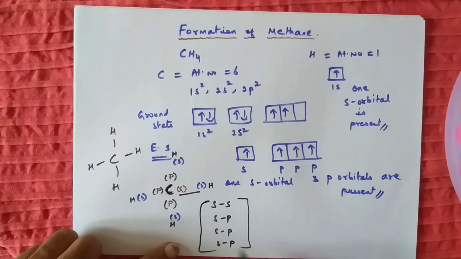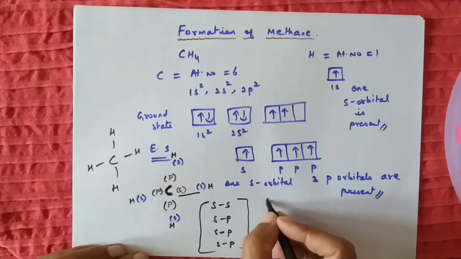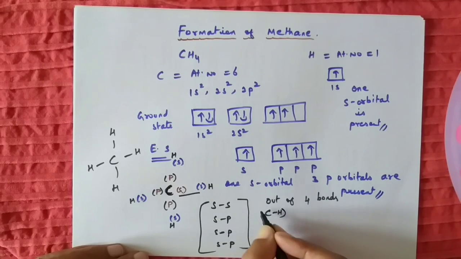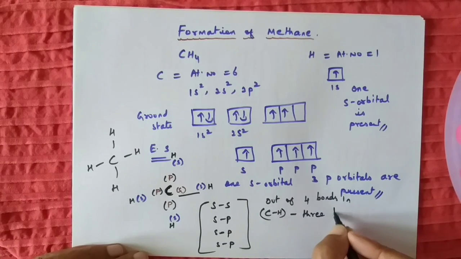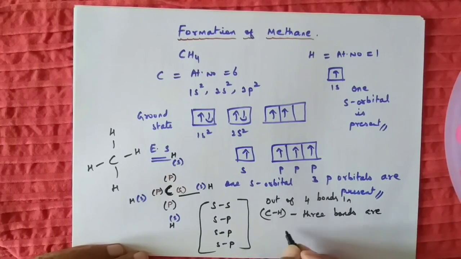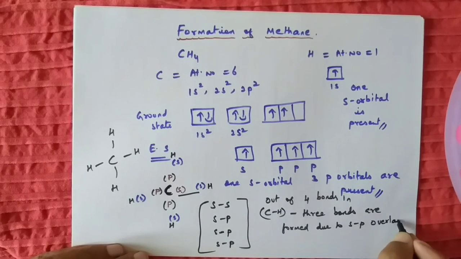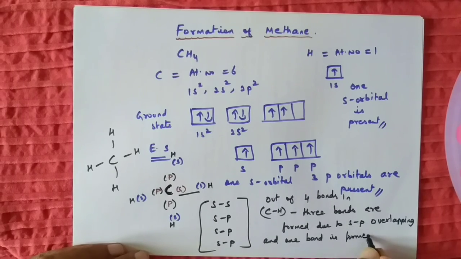So as per the valence bond theory, out of the 4 carbon-hydrogen bonds, 3 bonds are formed due to sp overlapping and one bond is formed due to ss overlapping.